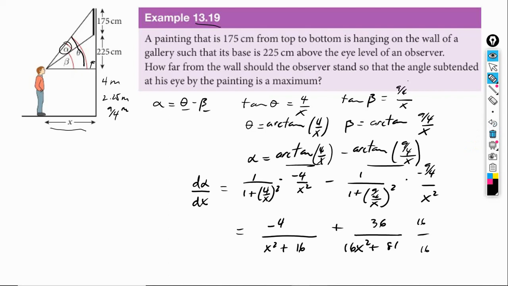Okay, so now we need to equal this to 0 and solve for x to see if we can get a maximum. So let's equal this to 0.